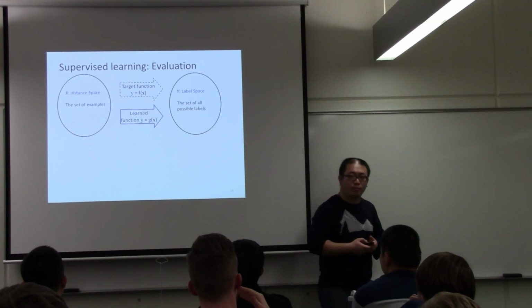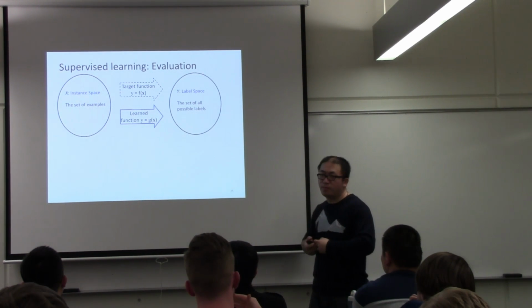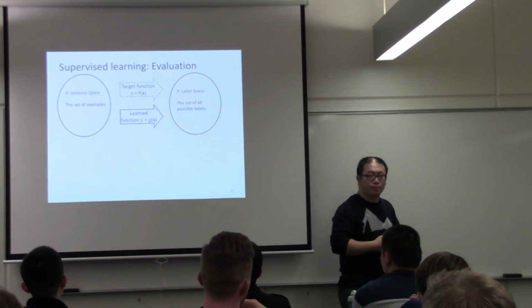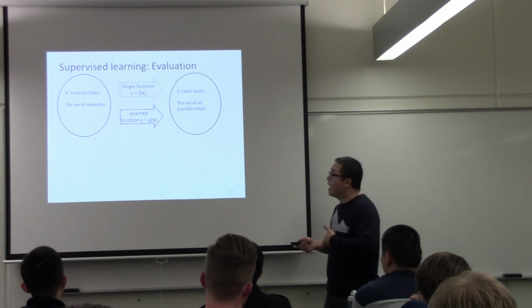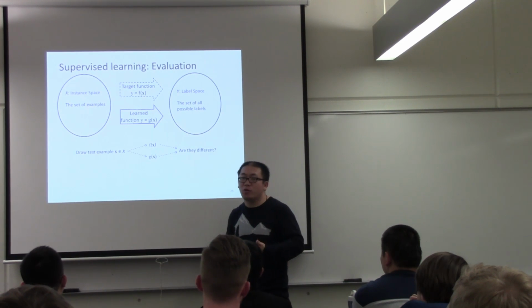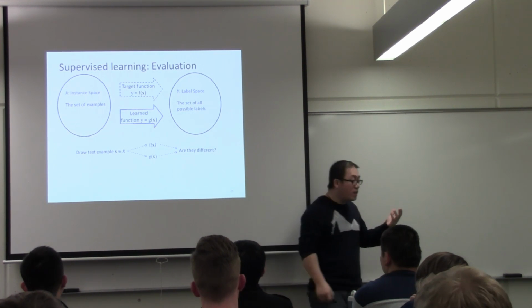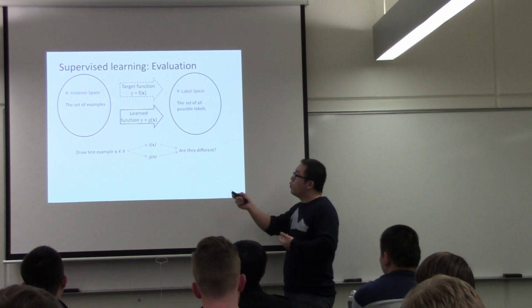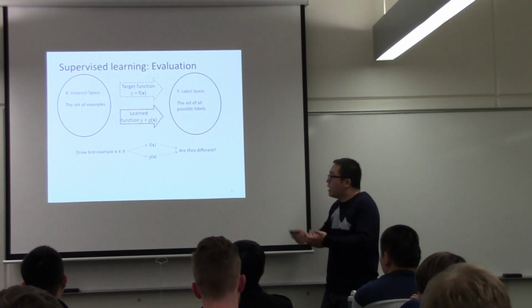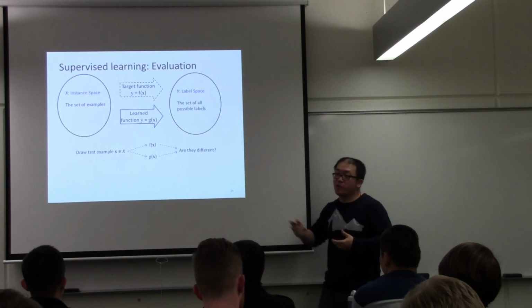You can train on a subset of the instances, and then you can predict the instances that you left out, and then check if it predicts the same exact labels. Yes. In other words, we draw some test examples from the instance space, and then compare our prediction with the ground truth function value. And if they are the same, okay, we have more confidence that our learned function is good.